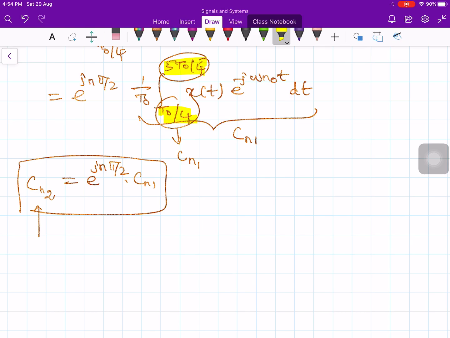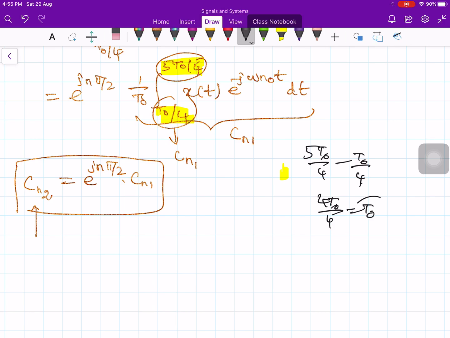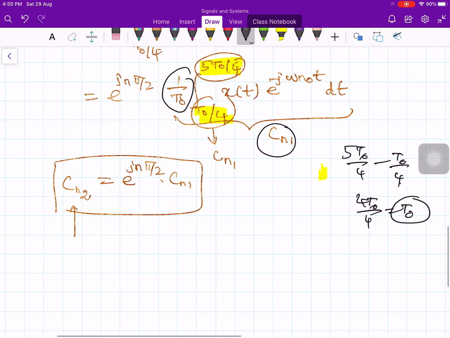So 5 t naught by 4 minus t naught by 4 is equal to 4 t naught by 4, which is t naught. So over one period, and dividing by its duration, it is obviously equal to cn1. So this is my relation between cn2 and cn1.